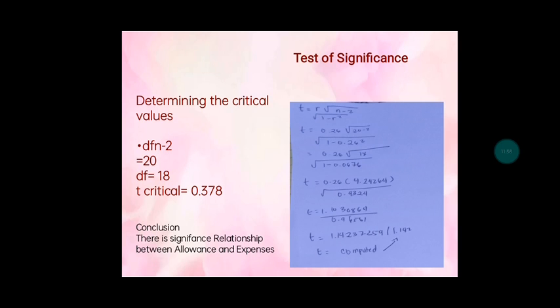So, sa T natin, yung formula natin is R square root of n minus 2, over square root of 1 minus R squared. So, sa T, yung R natin is 0.26, n is 20, minus 2. So, yung 1 natin is minus 0.26 squared. So, ikakopy lang natin siya. So, 1 minus 0.0676, square root of 0.26.